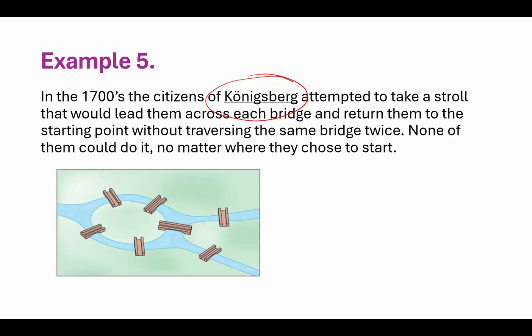And the way to create a graph, and this is one of the important things, because we look at this and you're like, how do I create the graph? Well, a natural way would be that the masses of land would be my vertices, and basically the bridges are my edges. Let me highlight it again.